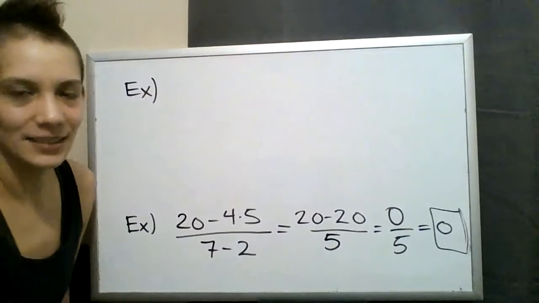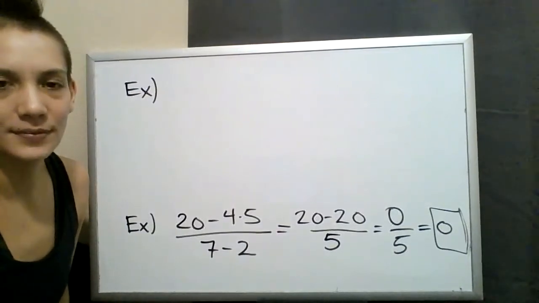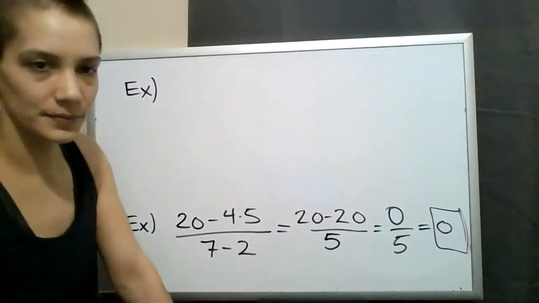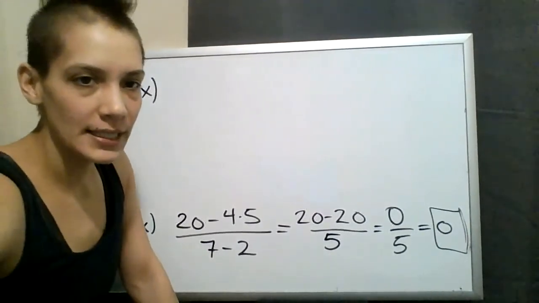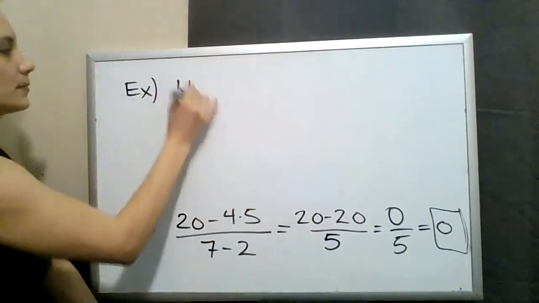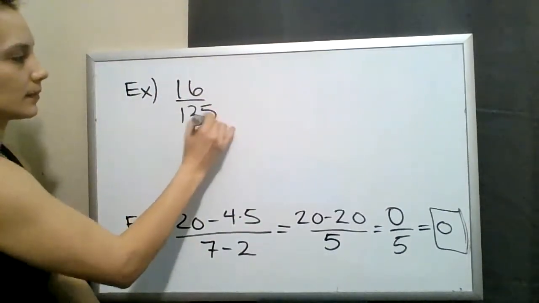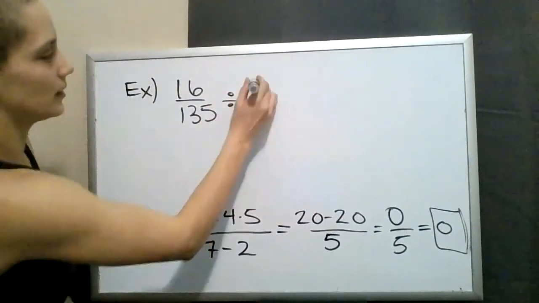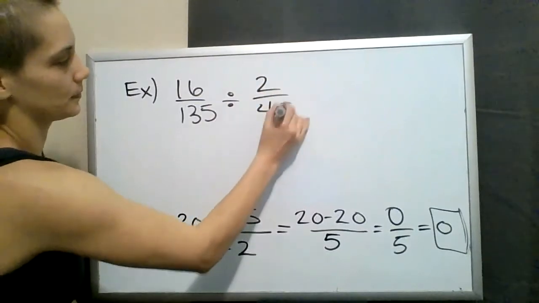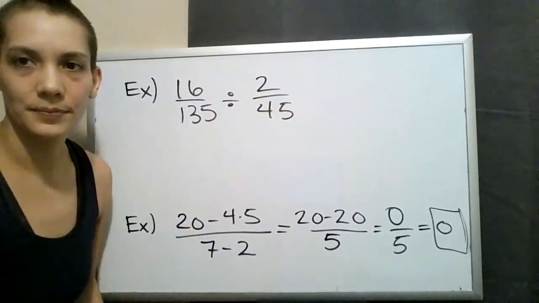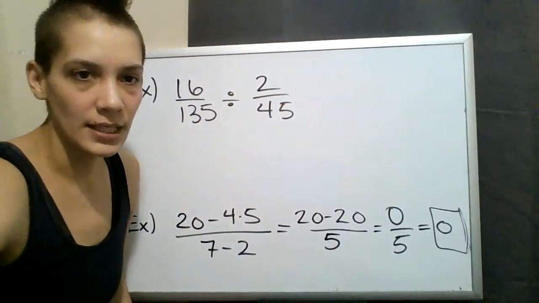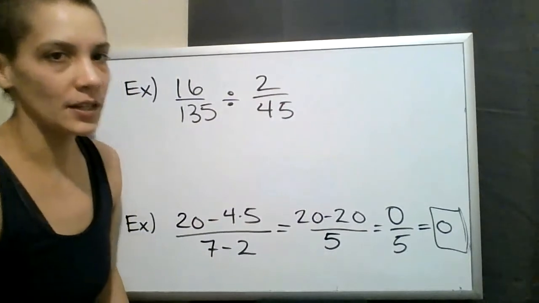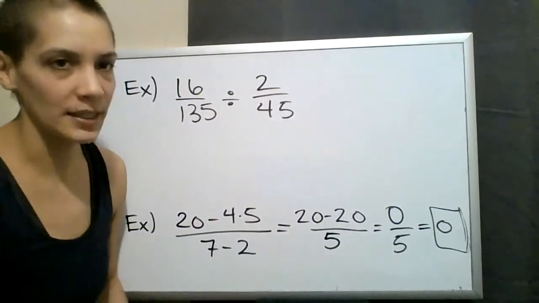We're taking 16 over 135 divided by 2 over 45. Okay. Let's see. This is at the end of section 0.2, if you want to find it in the book.